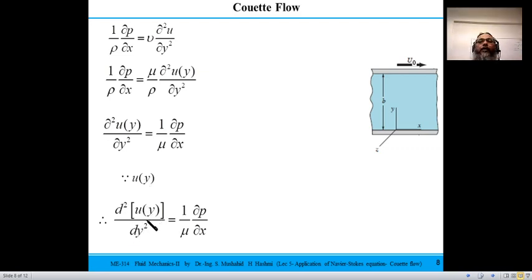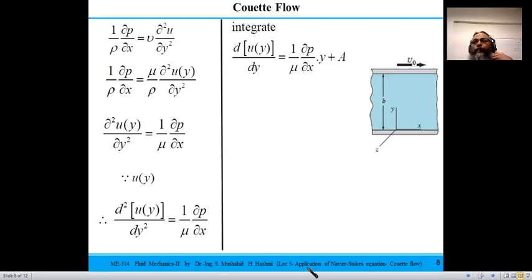That makes our life mathematically simpler by turning the partial differential form into an ordinary differential form. Even though it's a second order term, we still have one independent variable, so we have reduced the complexity of this equation.